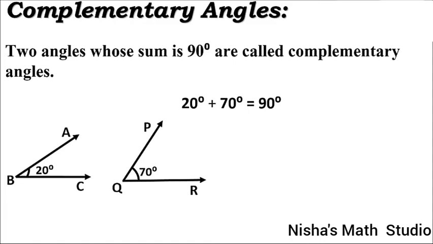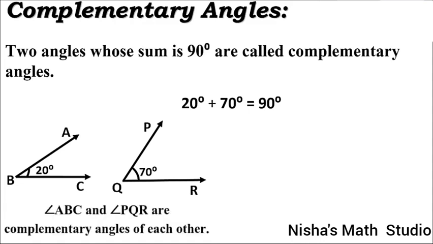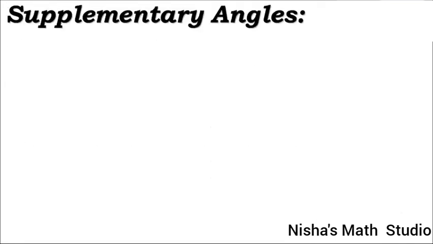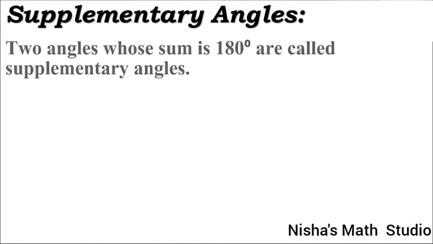So the given 2 angles are complementary angles. They can be 2 separate angles, or they can also be adjacent angles. Now in this diagram, the adjacent angles LMO and OMN are complementary because together they form a right angle, that is 90 degree.